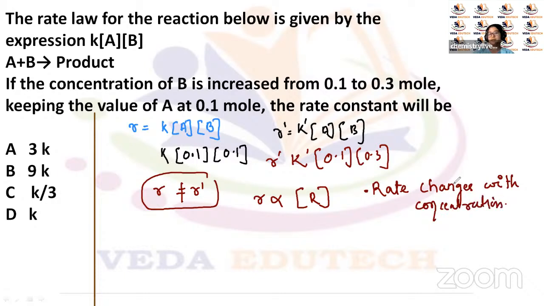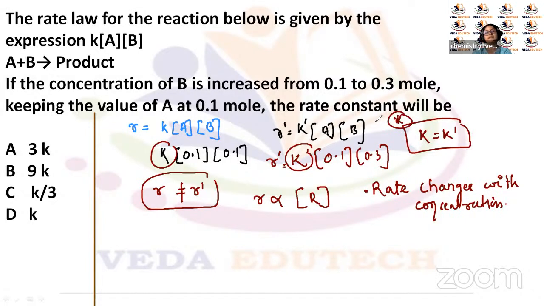But here it is K and here it is K dash, and K is equal to K dash. That means for the same reaction, K will be equal to K dash. Even if you change the concentration, the rate constant is not going to change.